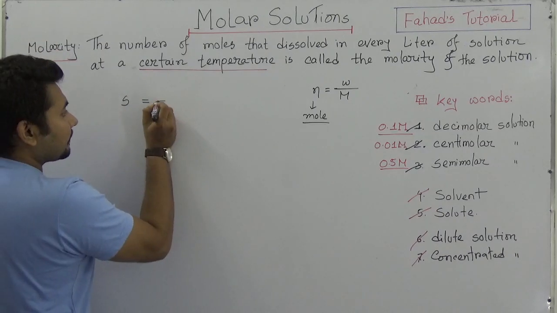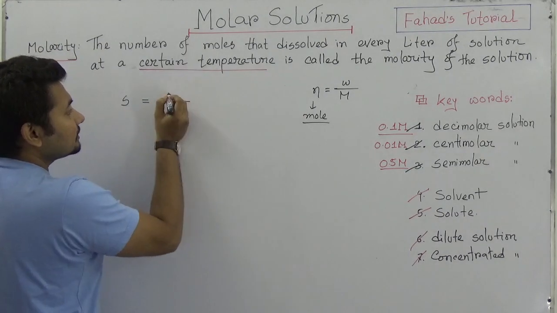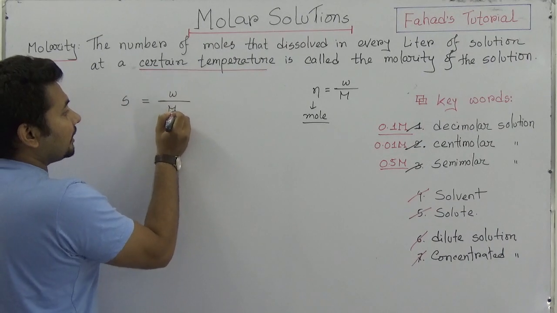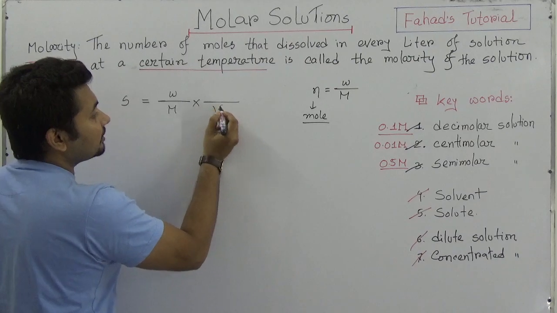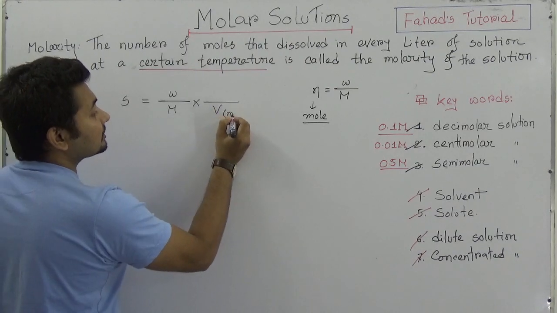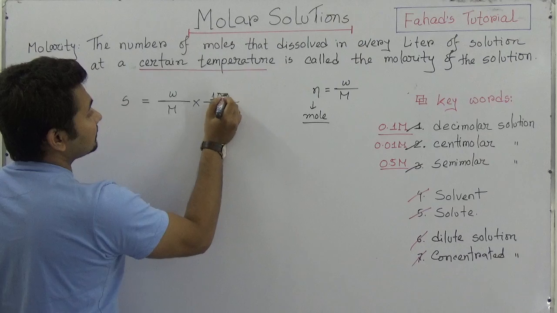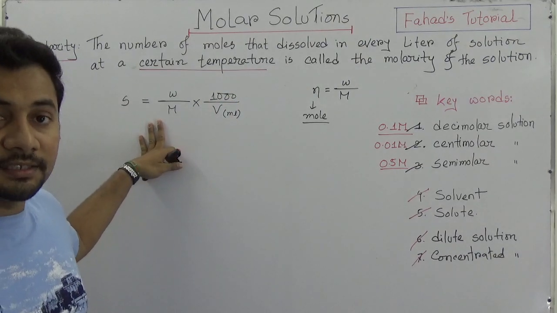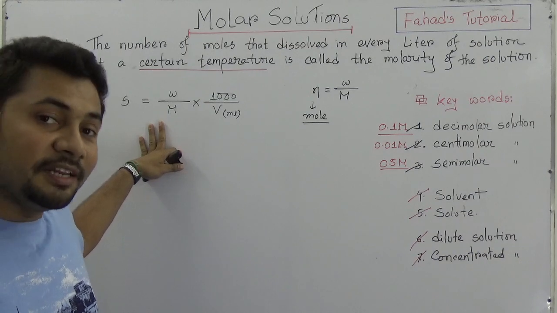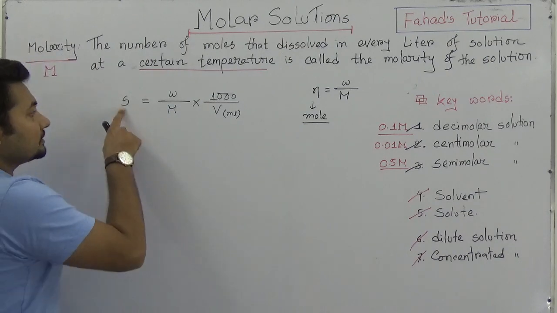So S is W upon M, the mass over the molecular mass, and of course we need to think about the volume, which is expressed in milliliter upon 1000. These equations will be used further to find the molarity of any solution.